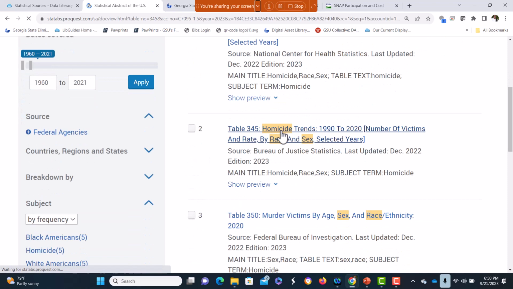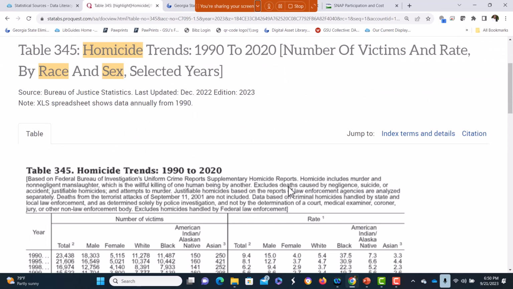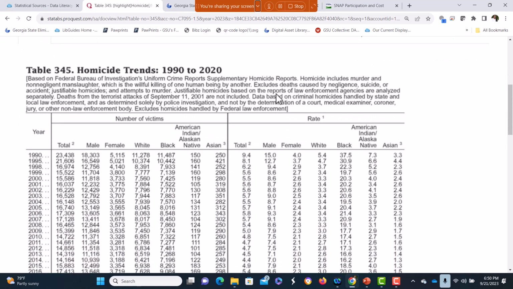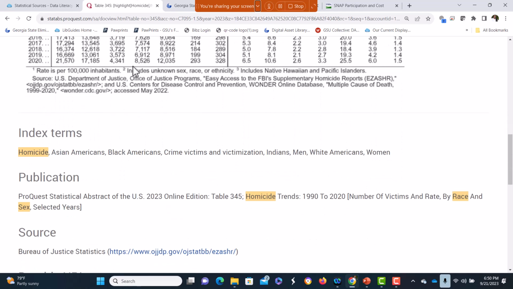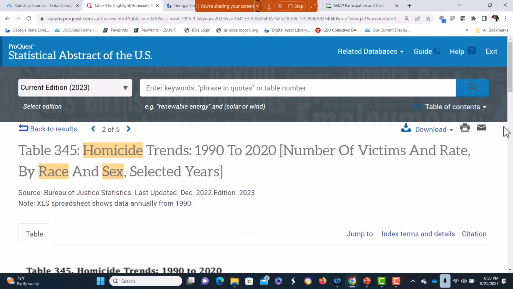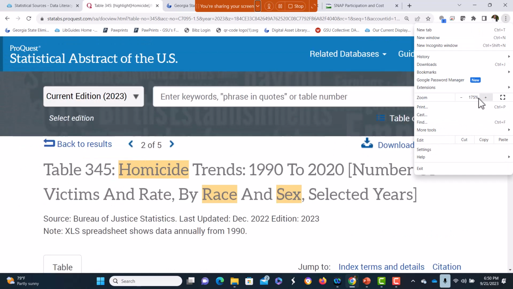And if we go back to this other table, of course, sometimes you have to actually read the notes at the top and at the bottom. It tells you some of that information about when the information was collected. So let me make this bigger again.